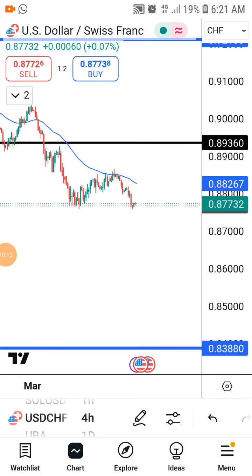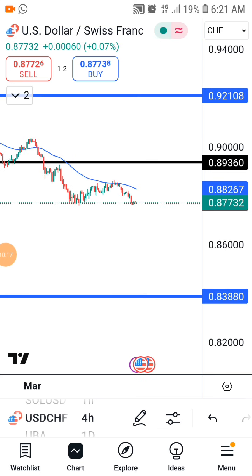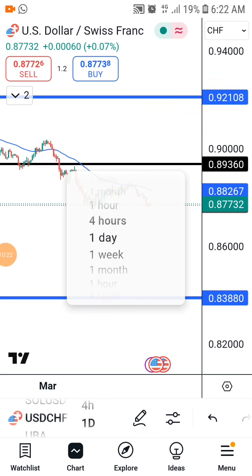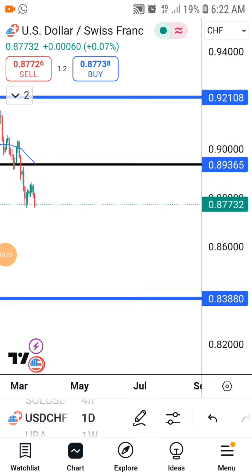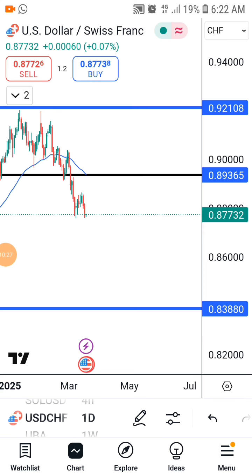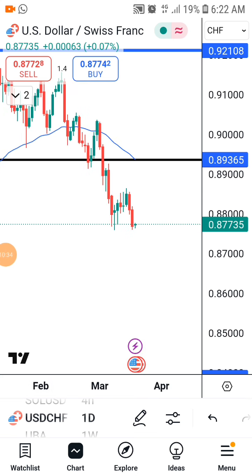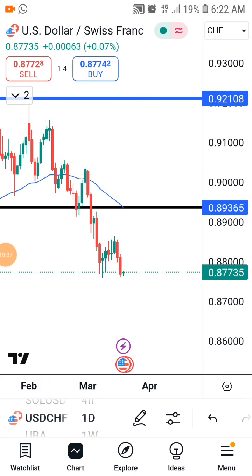And mind you, you have nothing to do with the daily 50 moving average now. The daily 50 moving average is the signal that gives you a sign that yes, the market is heading down. The moment the market breaks the daily 50 moving average, this is the first leg that breaks it.